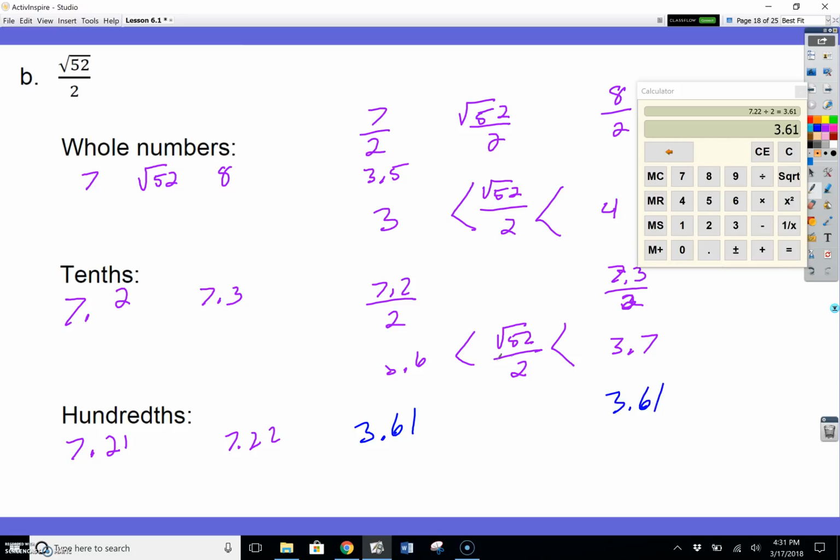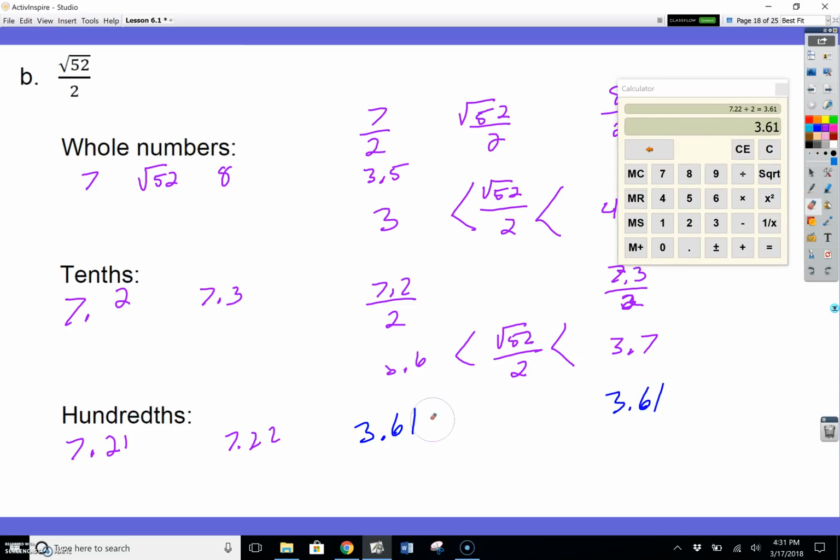So what I'm going to do is take the high and the low end of this. So I'm actually going to round this one back down. And so therefore, radical 52 over 2 is going to be less than 3 61/100ths, but it's also going to be greater than 3 6/10ths. Okay? All right.